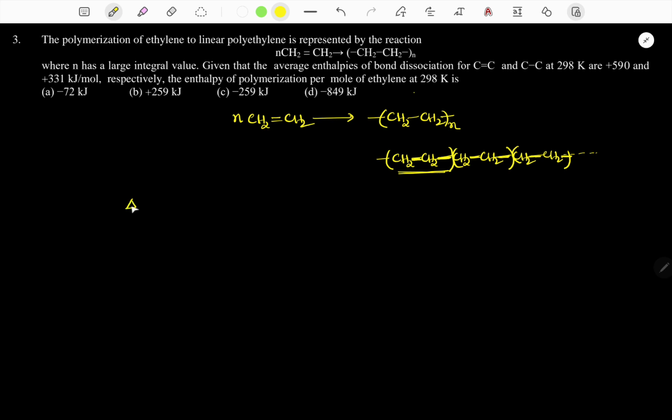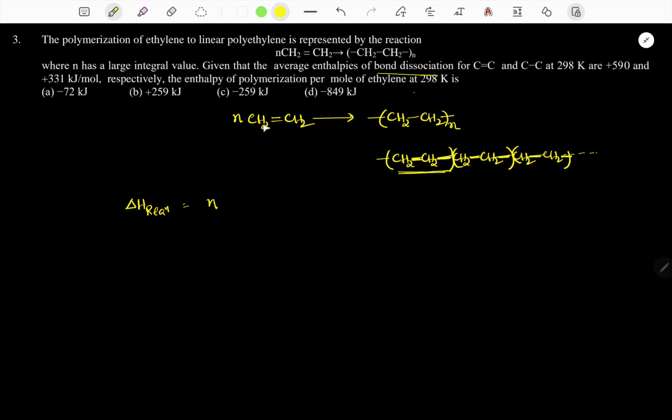Therefore, delta H of the reaction equals, here they have given the bond enthalpy values. So here I am taking reactants minus products.